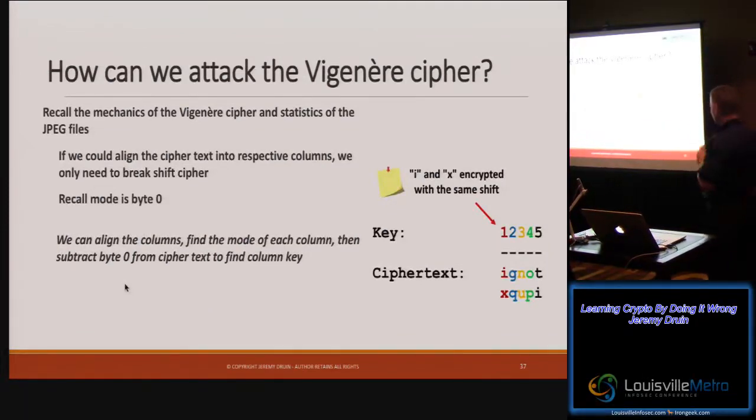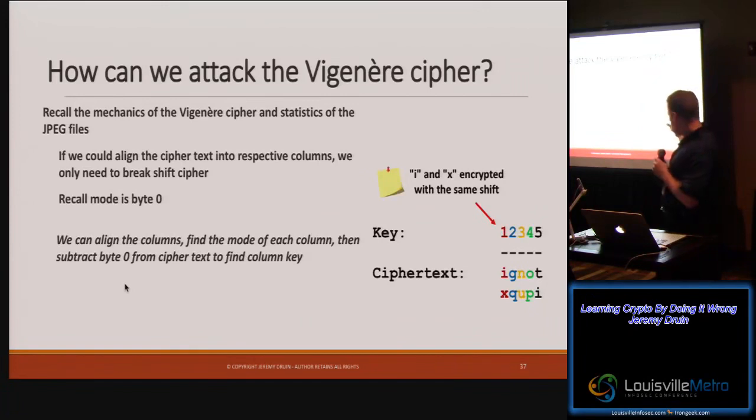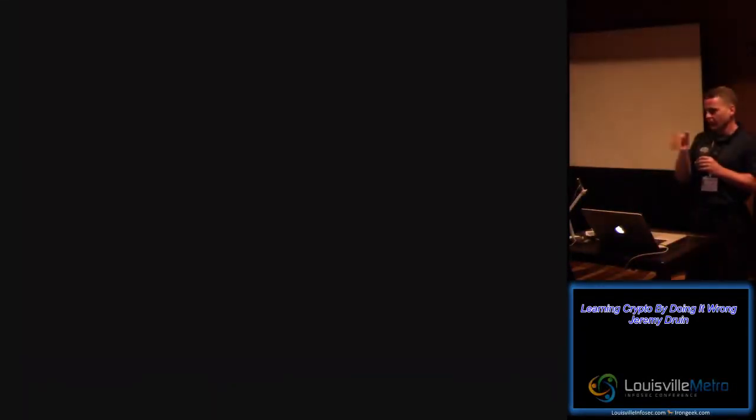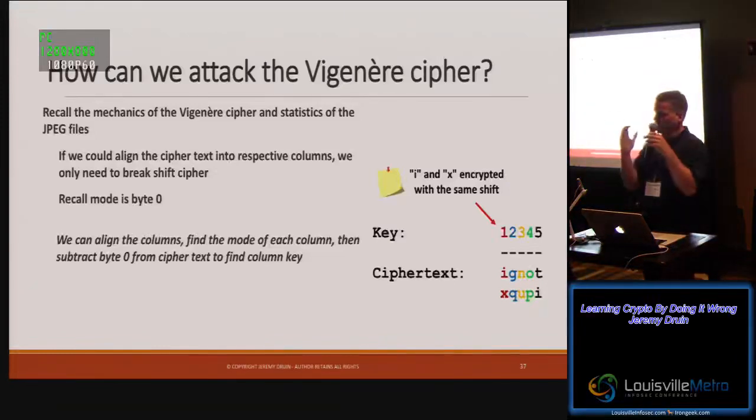If every key length, we take those words in the ciphertext and we just move them down under each other to create a big giant column of ciphertext, where everything in the first column, in this case the red, is encrypted with the first key character, and everything in the second column is encrypted with the second key character. So we're grouping the letters in the ciphertext together by which key character they were encrypted with. Well, at that point, we've just got nothing but a substitution cipher on each column.